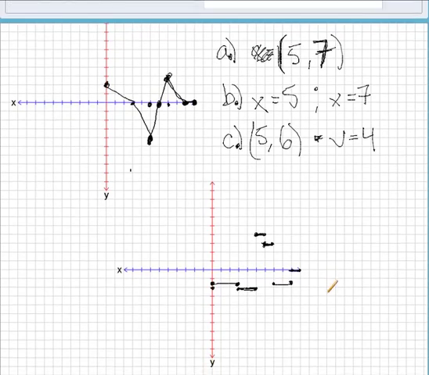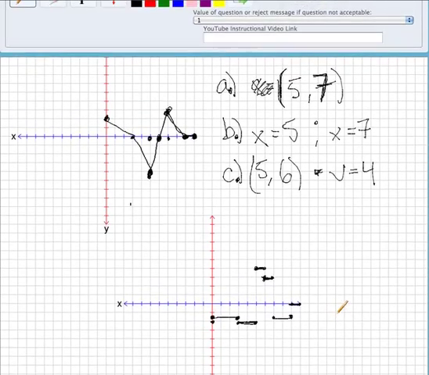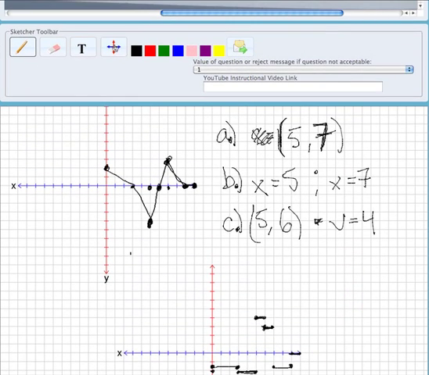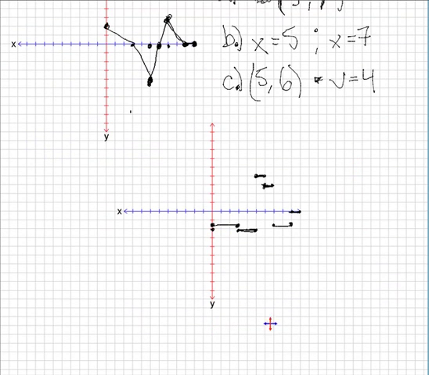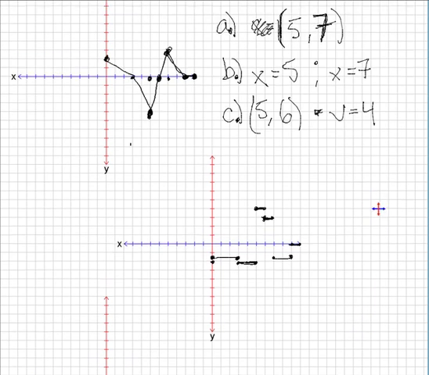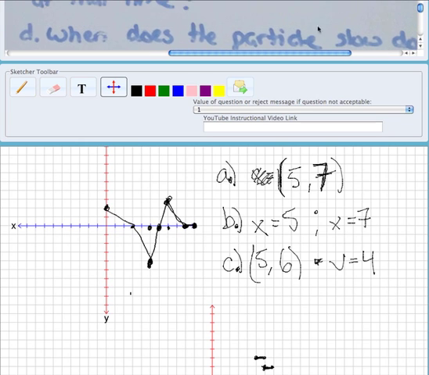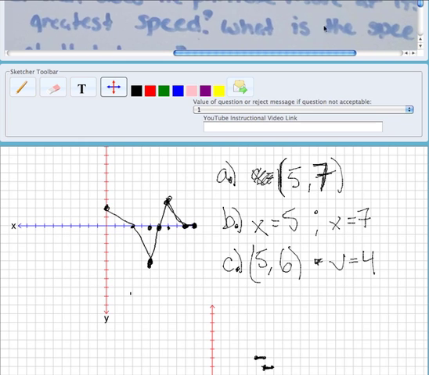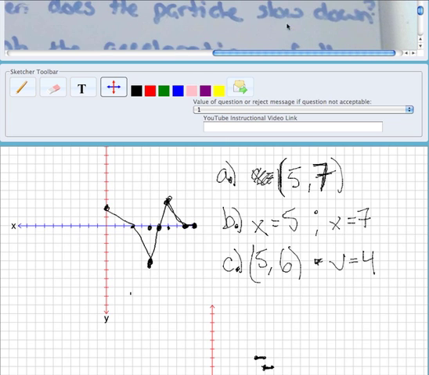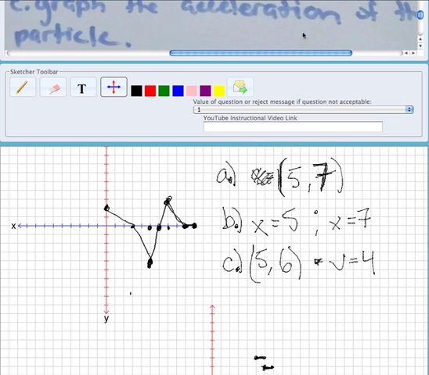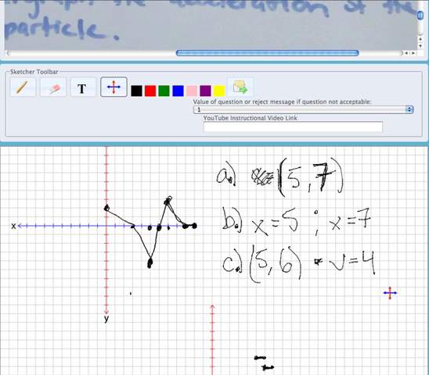So this is kind of difficult to take the derivative of, because the next one would be the derivative, which would be the acceleration. I'm assuming which one is the biggest jump, and then graph the acceleration of the particle.